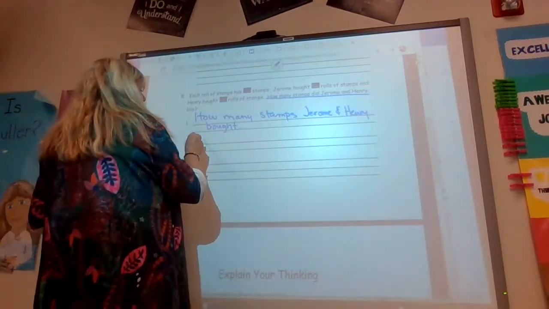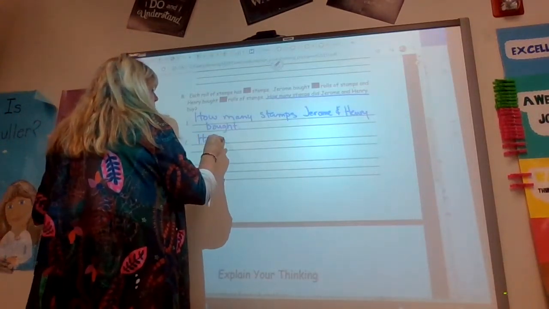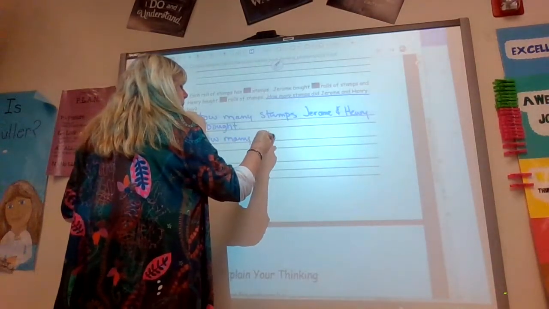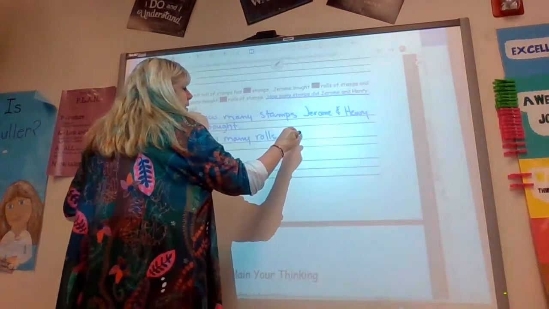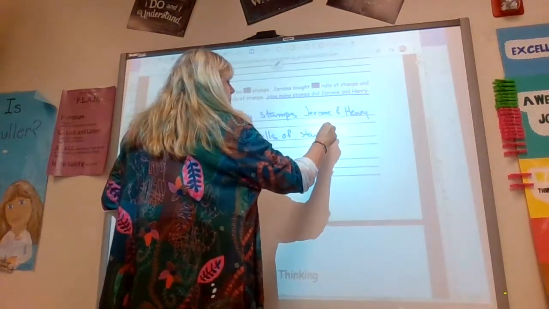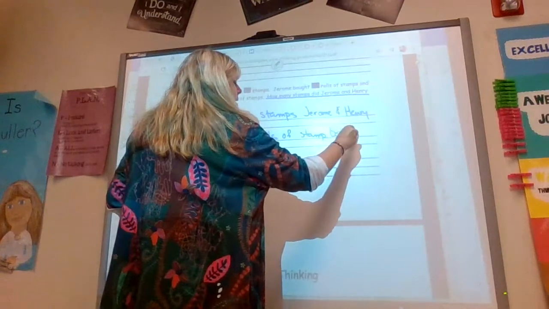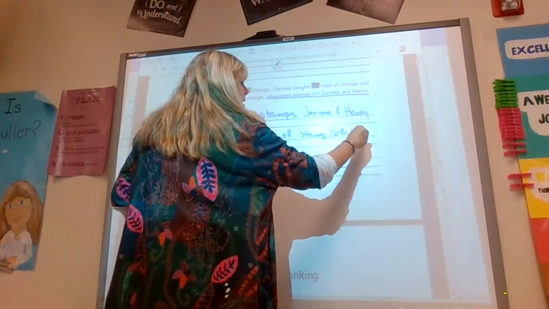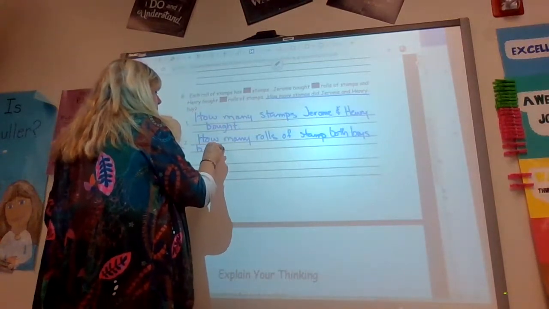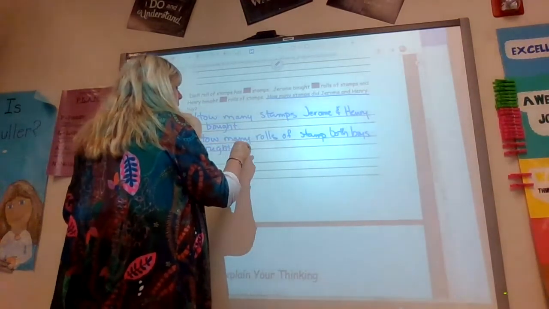So, how many rolls of stamps both boys bought all together?